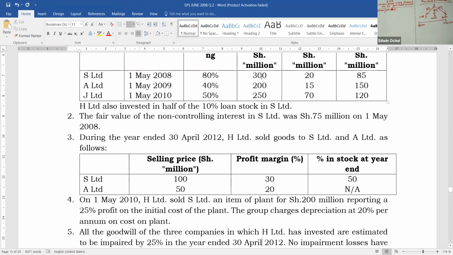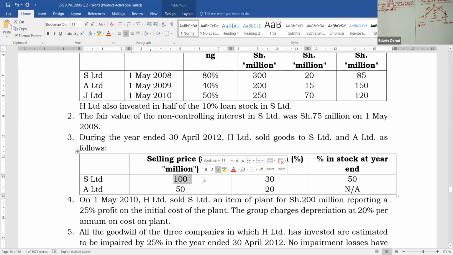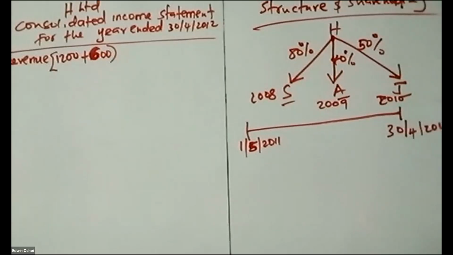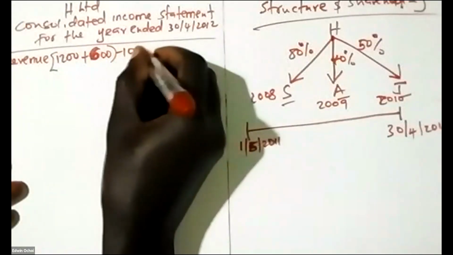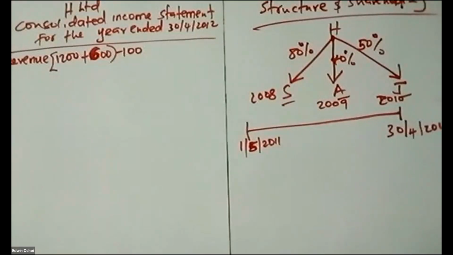The only intergroup sales between the parent and the subsidiary was in note 3, where H sold goods to S and A. But A is an associate, so we don't consider A. So the only intergroup sales I have here is 100, the selling price. That is the only thing I have to subtract under revenue. There is no other intergroup sales.